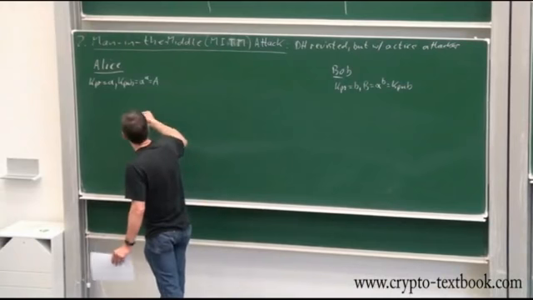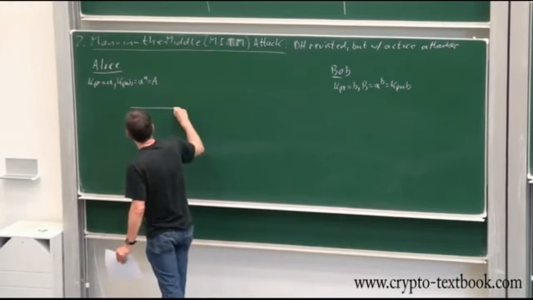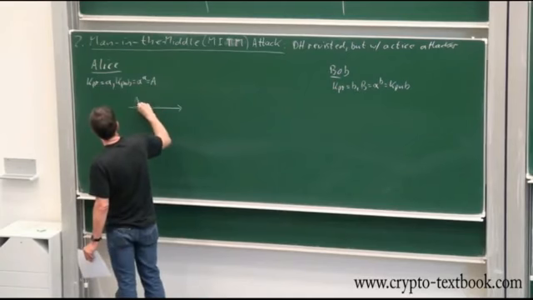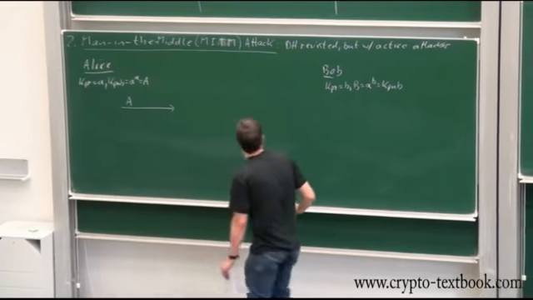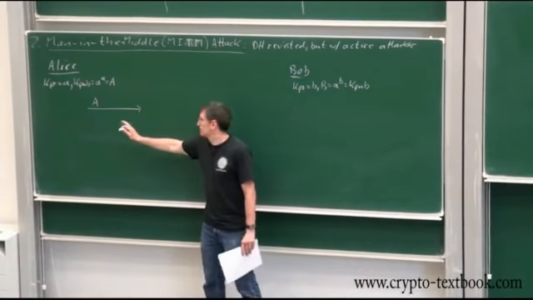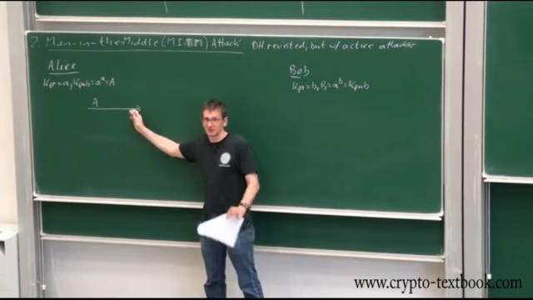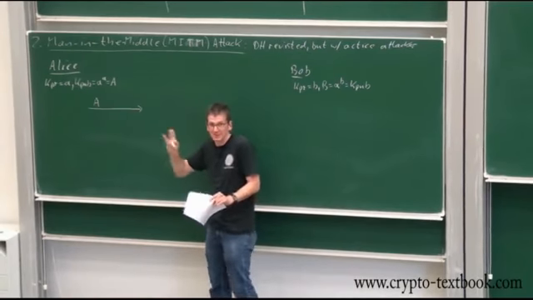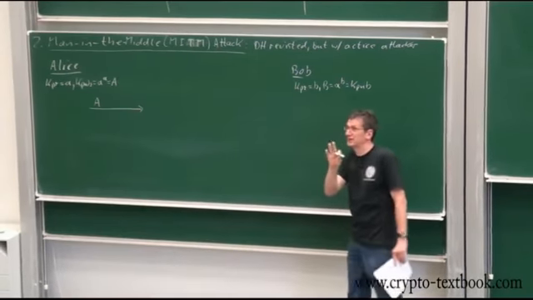What do they do? How does Diffie-Hellman work? Alice sends uppercase A over. Did you notice that the arrow only goes up to here? Oscar is going to do bad things in a minute.